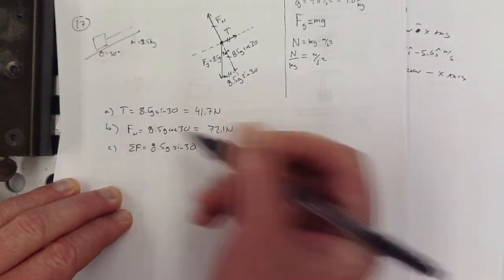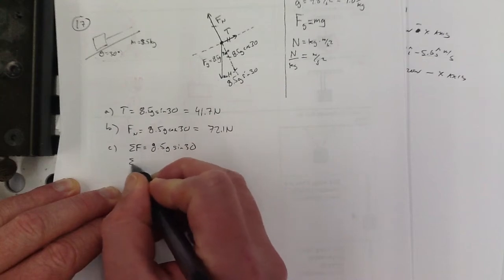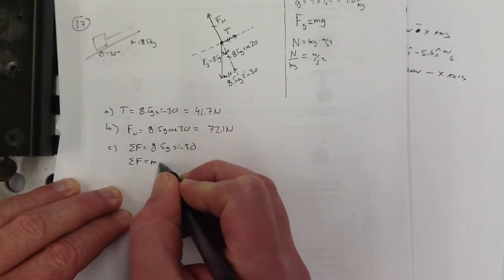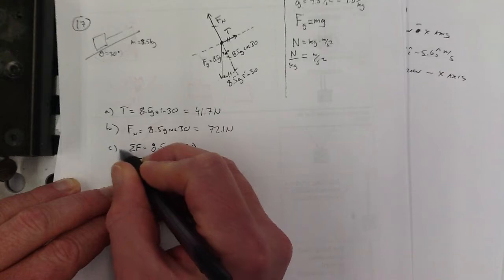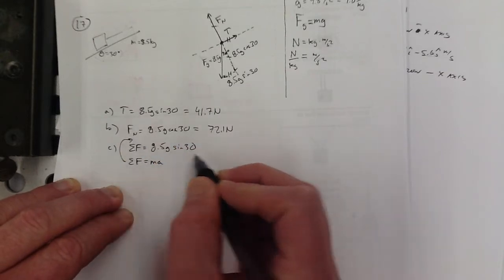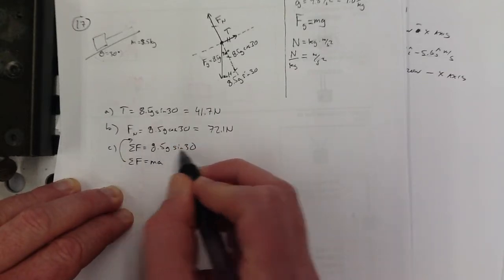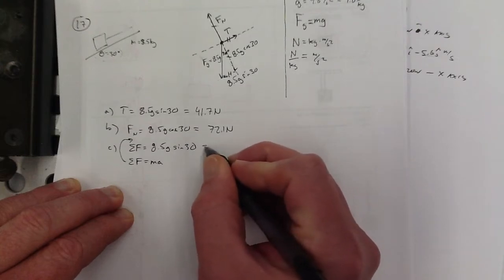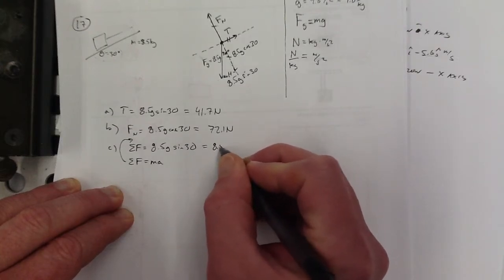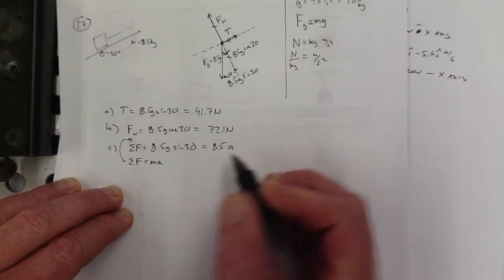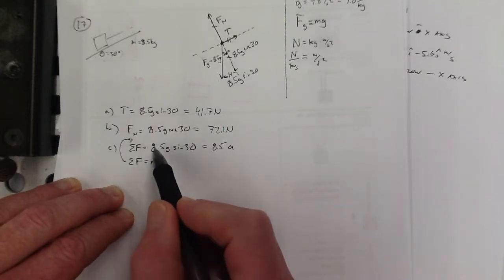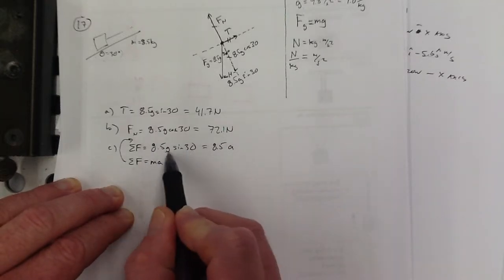You know what? I really should have written this first. That's what I meant to do. The sum of all forces is equal to mass times acceleration, so this is equal to mass times acceleration. You can do the math here, but the acceleration is g sine 30.